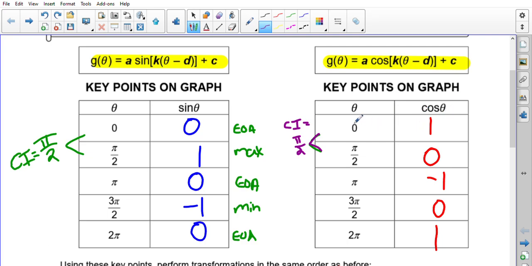What's unique about cos is that the cos graph, so when the a is positive 1, starts at its max, then goes to its EOA, then goes to its min, back to the EOA, and ends up at its max again. Okay, so you always have to remember those shapes, because when we graph using characteristics, we're going to have to remember those key points and how they work in that order.